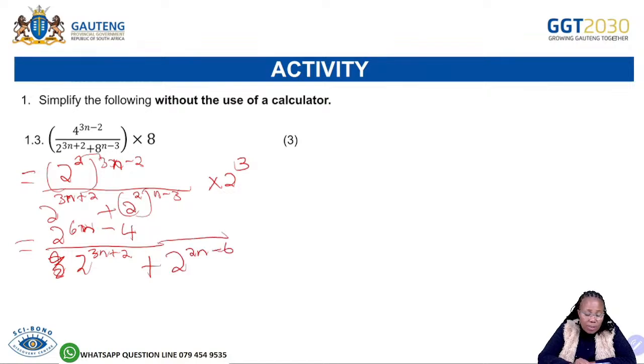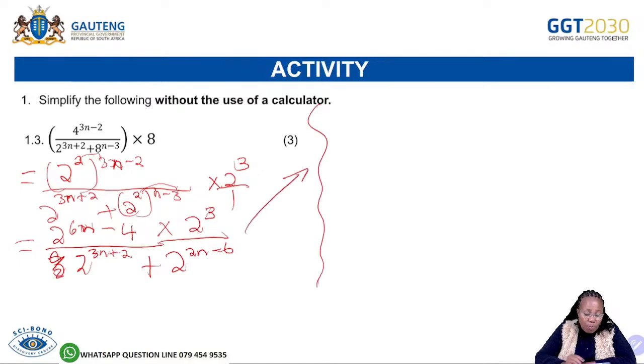We are busy distributing out of the bracket there, and then now multiplied by 2 to the power 3. This can join the top part because it's multiplication, it's over 1, remember, and then this can be multiplied by 2 to the power 3 there.